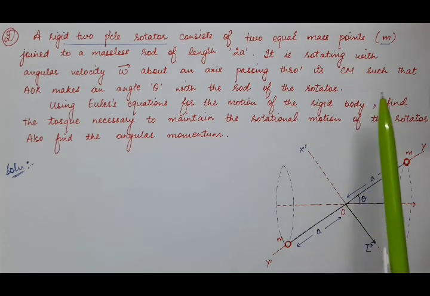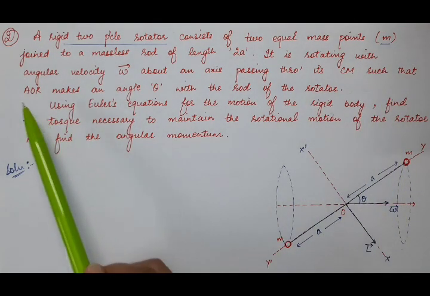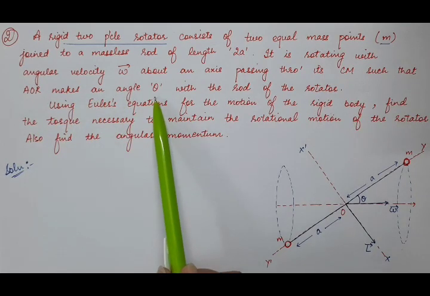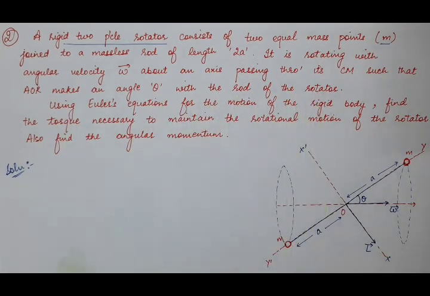Then one more thing which is given, that the axis of rotation makes an angle theta with the rod of the rotator. So we know two things about the axis of rotation.